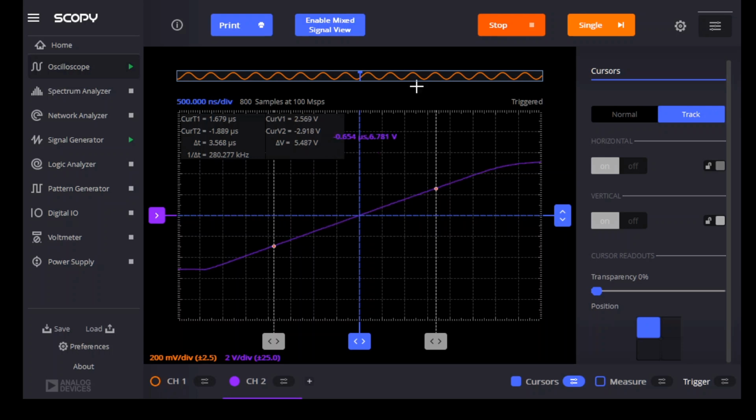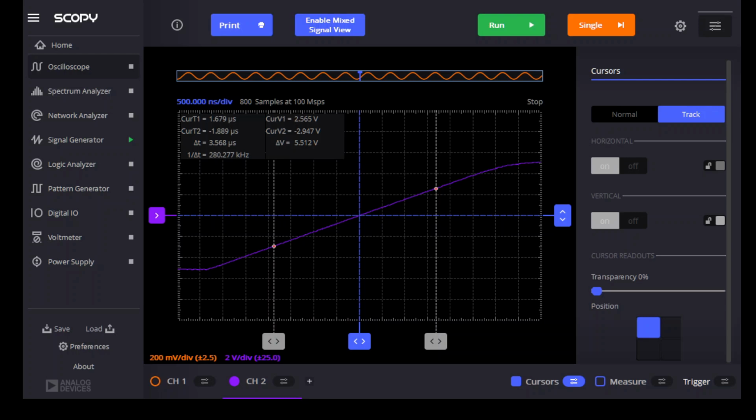Let's do just a single capture here to make the numbers stop jumping around. And so we have 5.512 delta volts divided by 3.568. And that's giving us a result of about 1.54 volts per microsecond, much slower than the Mouser 5532.